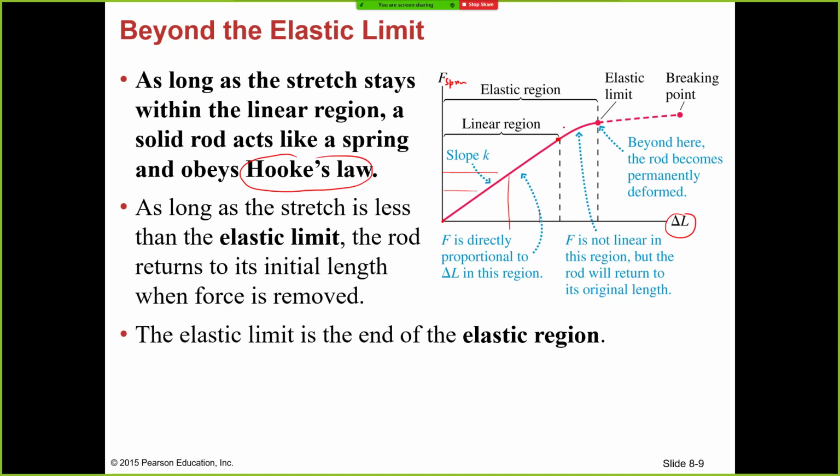So there is no linear relationship here, which means the spring does not obey Hooke's law. It obeys Hooke's law only along this linear portion of the graph. That's why it's called the linear region, and this nonlinear region is called the elastic region.